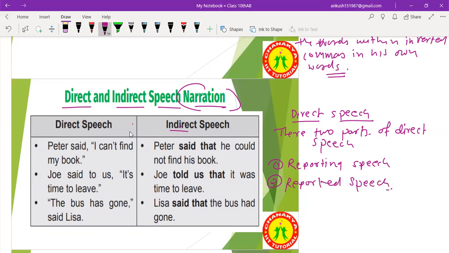Whatever is written between inverted commas is called the reported speech.